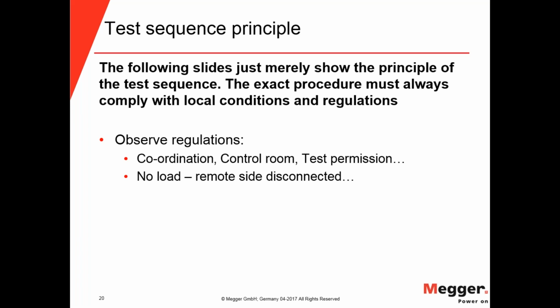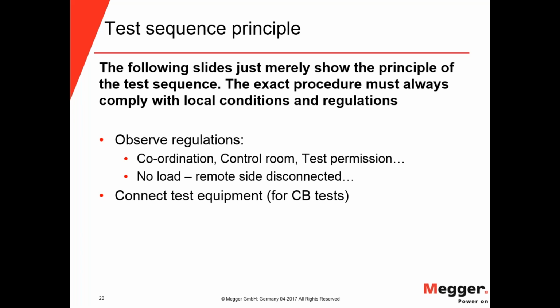Coordination with the control room and test permission zone is needed, and it is important that the test is done with no load. So the remote side needs to be disconnected from all consumers, but still the bay is considered energized and in live conditions, with all protections, all interlockings, and so on activated.